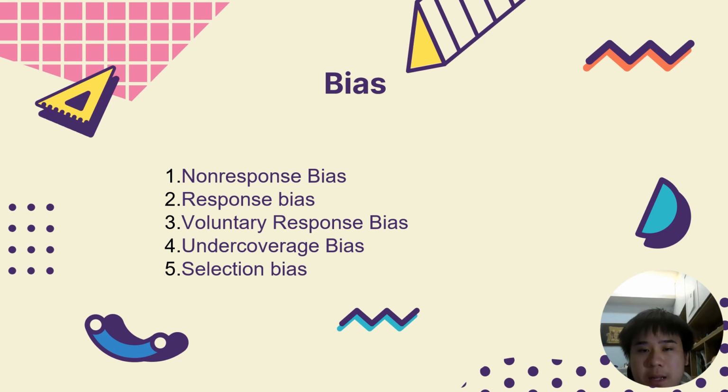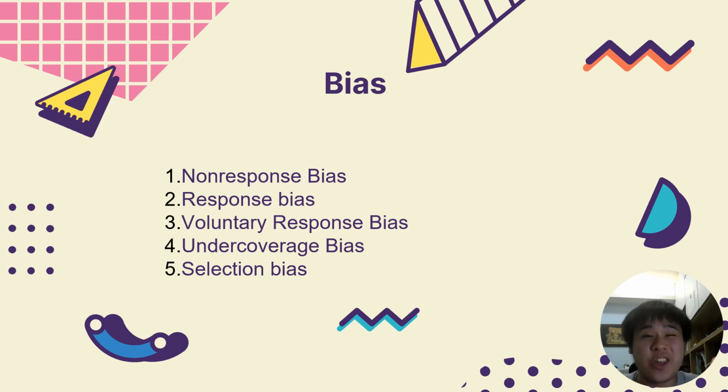So this automatically eliminates those who only use mobile phones. They didn't even have the chance to respond. They have no idea about the survey. So that's undercoverage bias, because lots of people did not participate in that survey. That survey only let some people have the ability to respond.